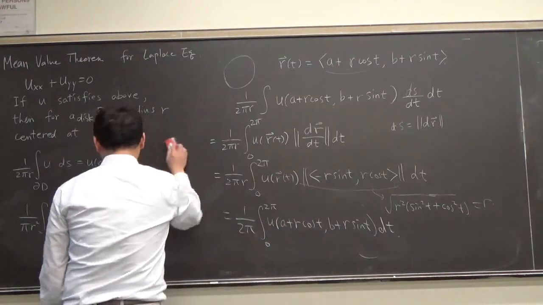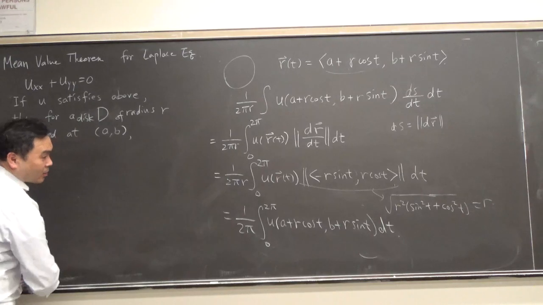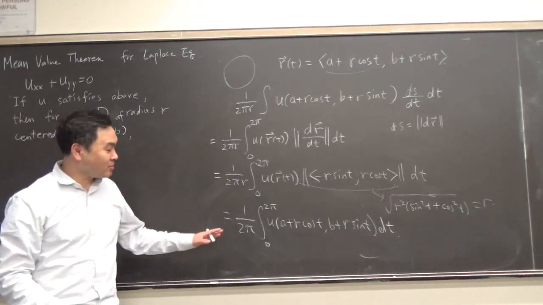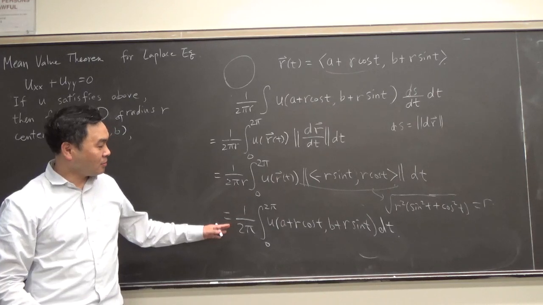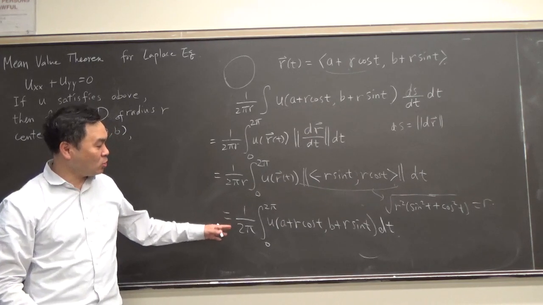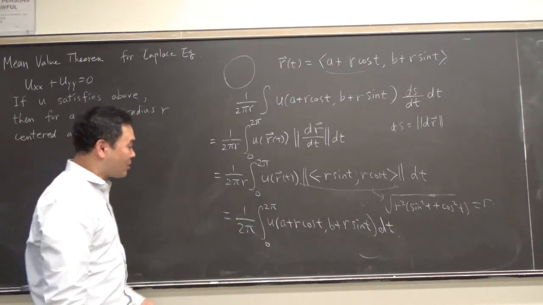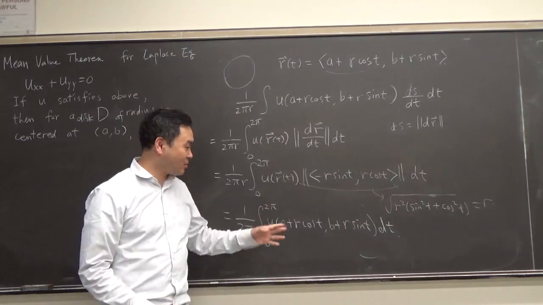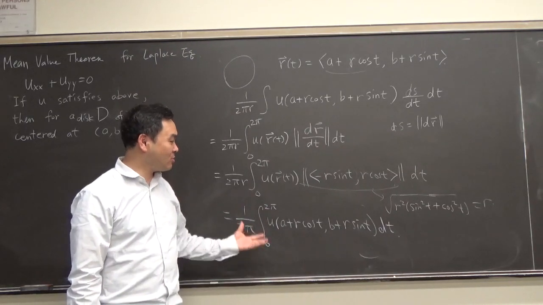Okay. Now, because we don't know yet that this is the value at u of a, b, let's think about this. See, a and b are fixed, okay? t we've integrated away, so this is a function of what?